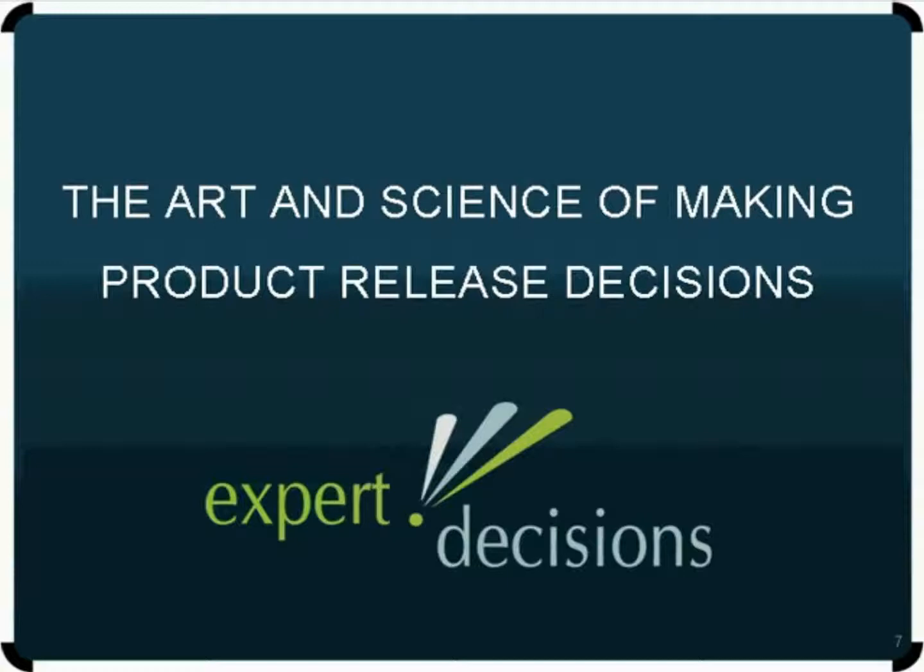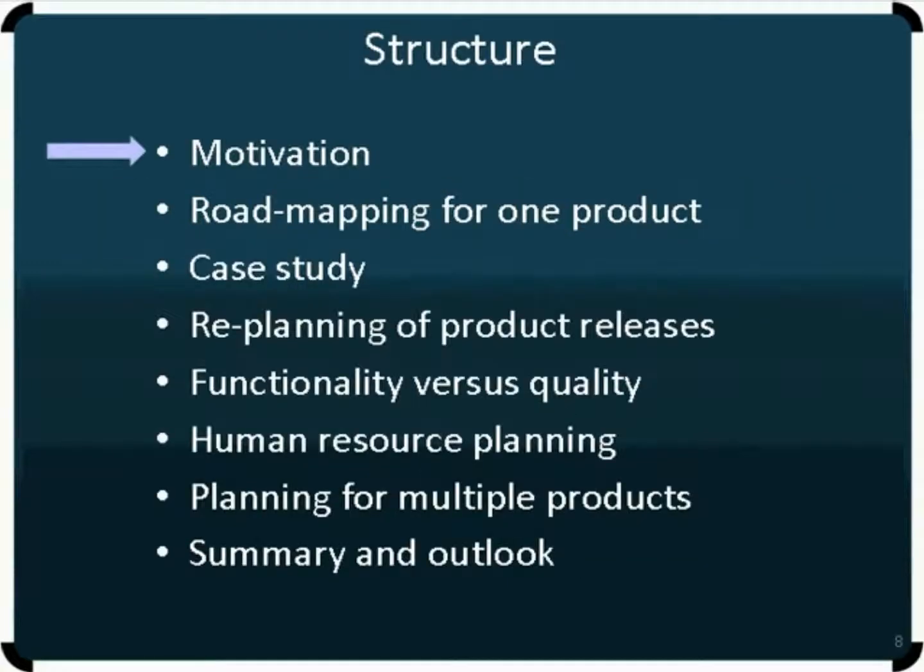My presentation is going through 8 sections, and I will give you first motivation, and I've started with that already, and then I will go to road mapping for one product. I will present you a case study to illustrate my points. I'm addressing replanning, looking at not only functionality-oriented planning, but also looking at non-functional requirements, looking at this balance between functionality versus quality.